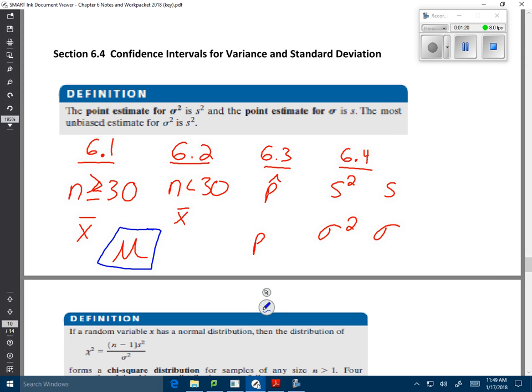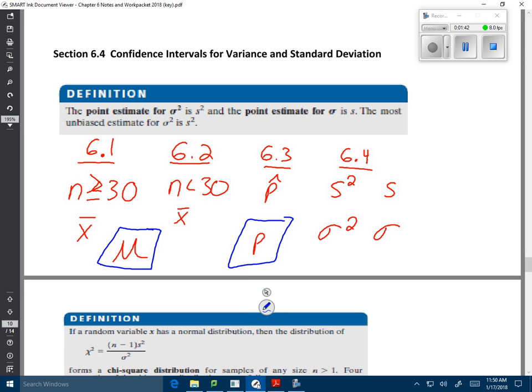On 6.1, the sample size is greater than or equal to 30. On 6.2, it's less than 30. In 6.3, we're finding the actual population proportion based on the sample, and the point estimate for that one is p hat.